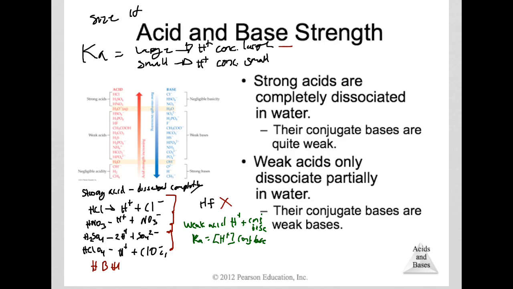If the Ka is small, you have a weaker acid. So this would be a stronger acid, and this is a weaker acid. This is all reviewed in your textbook also. You take a look at the diagrams in there.